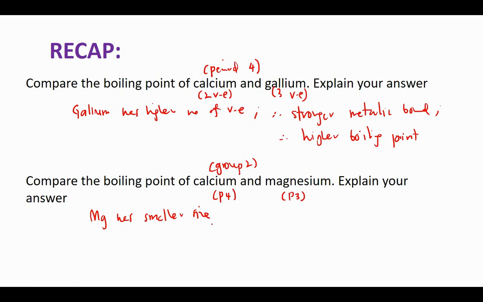Magnesium has smaller size. Therefore, magnesium has stronger metallic bond and it also has higher boiling point.